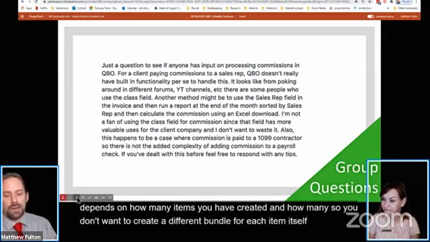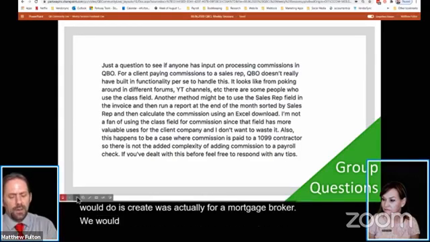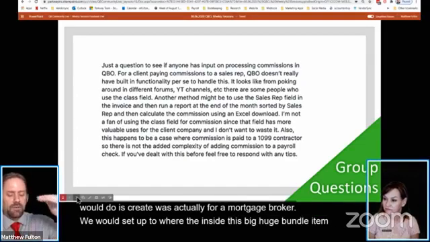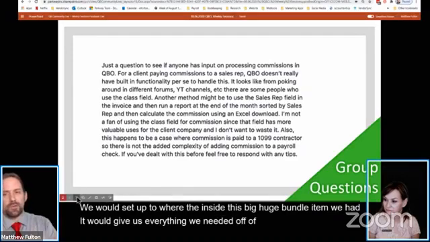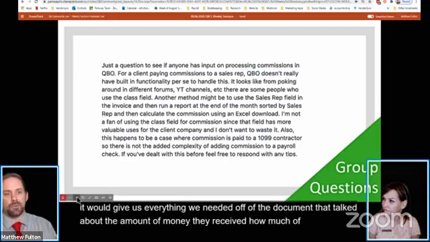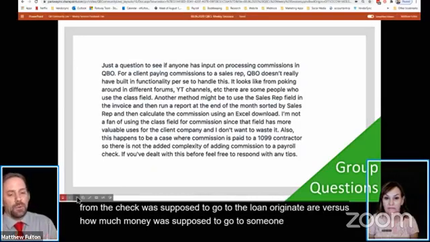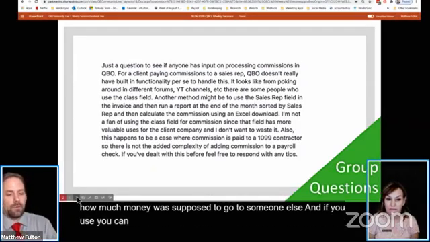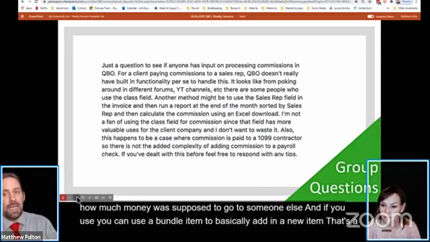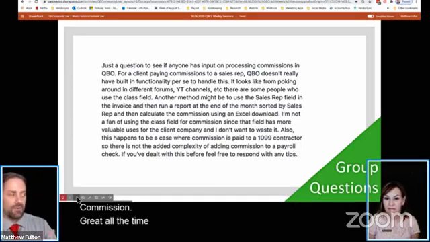But what we would do, it was actually for a mortgage broker, we would set it up so that inside this big, huge bundle item, it would give us everything we needed off of the document that talked about the amount of money they received, how much of the payment from the check was supposed to go to the loan originator versus how much was supposed to go to someone else. You can use a bundle item to add in a new item that's a commission payable. And having a consistent commission rate all the time is key to this, it makes it a lot easier.